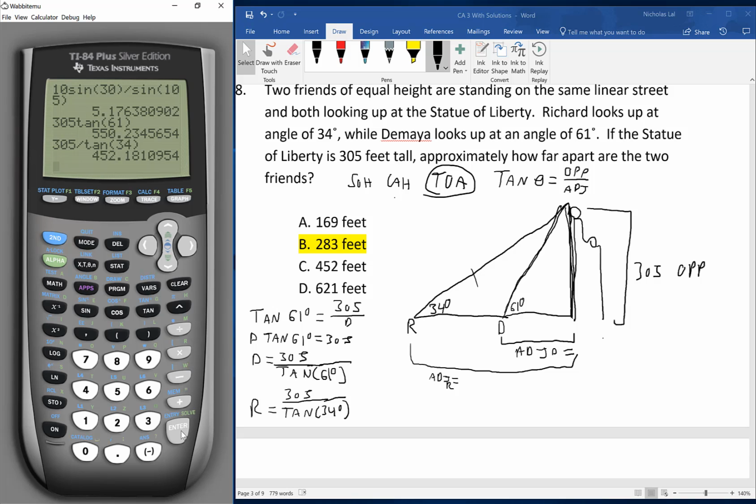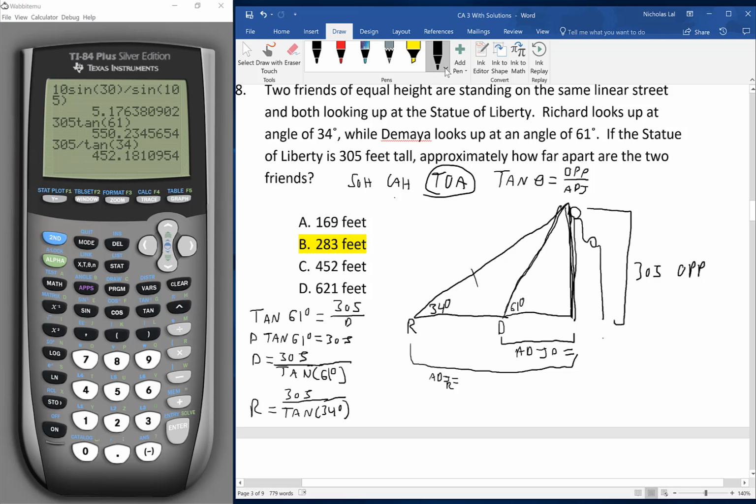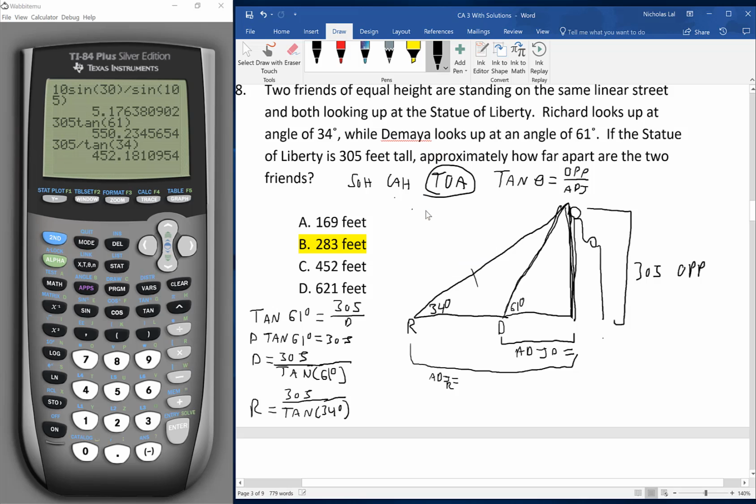So that's going to be 452. So this value is 452 feet, and then 305 over the tangent of 61.